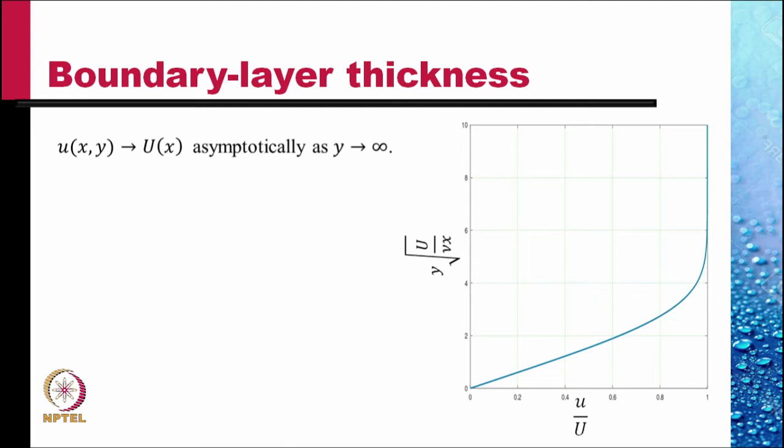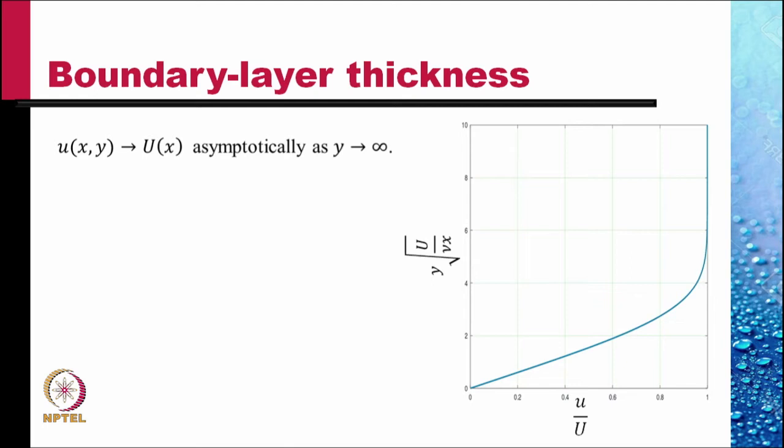We had obtained this solution, the Blasius solution, in terms of u/U as a function of η, the self-similar variable y√(U/νx), where ν is the kinematic viscosity of the fluid. The velocity u becomes capital Ux only very far away, at y tending to infinity.